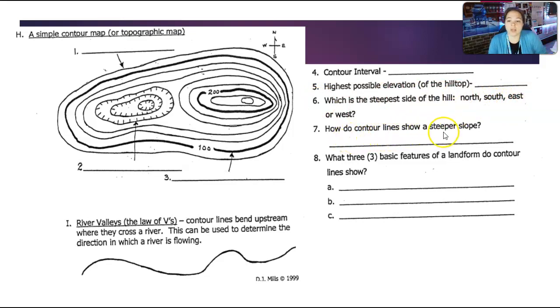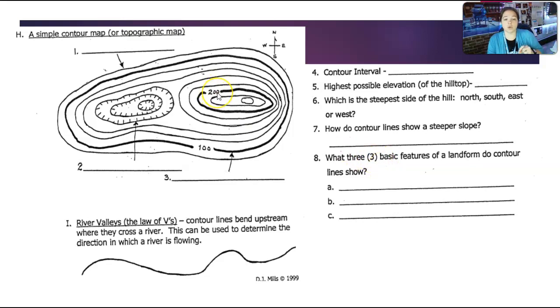How do contour lines show a steeper slope? So this combines with this. Please double check to see if your answer is correct and matches mine. What are 3 basic features of a landform that contour lines show? So as we see this, it can show, according to this, how steep a side of the hill is, how gentle the side of the hill is.